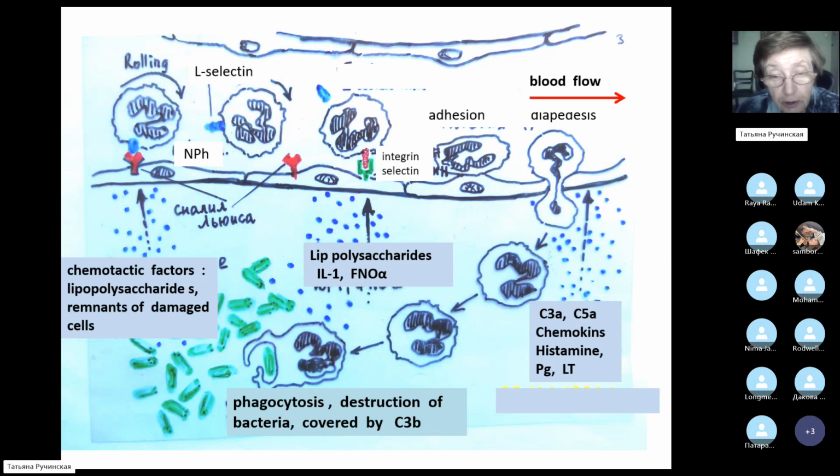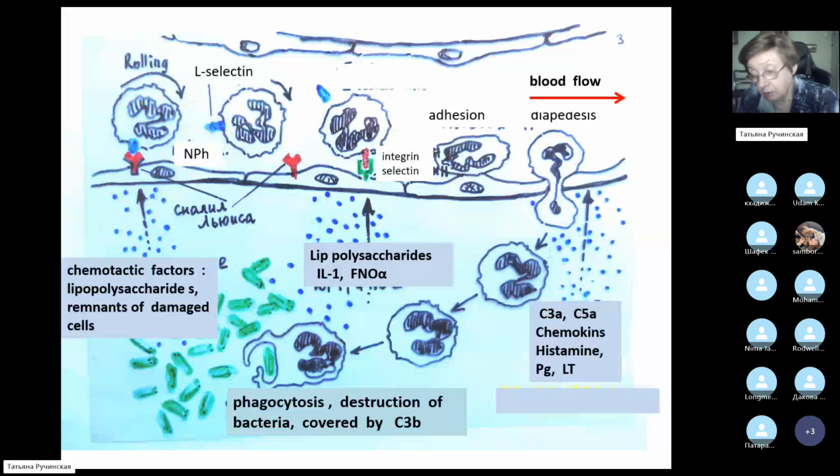This is the first cause for rolling. And another one: the velocity of blood flow is higher than normal, and that is why the neutrophils begin to turn around themselves. It appears as a rolling effect.